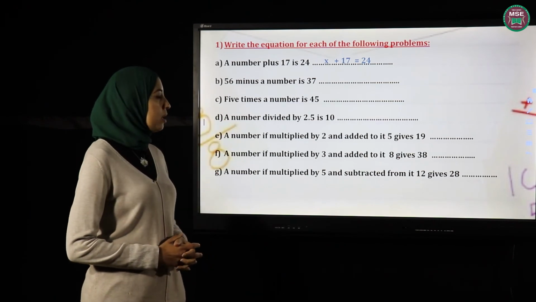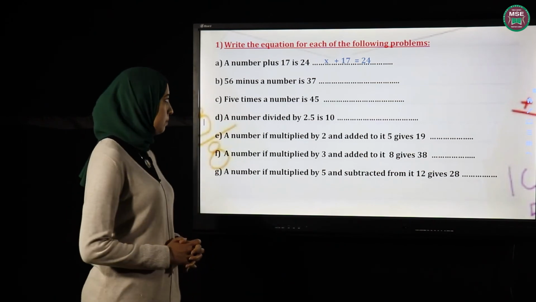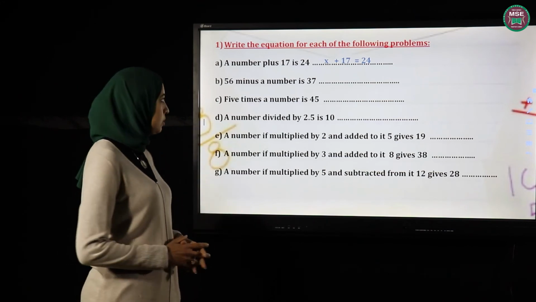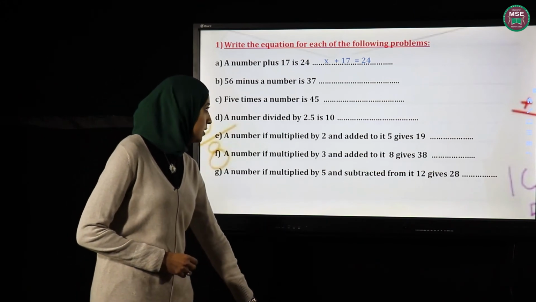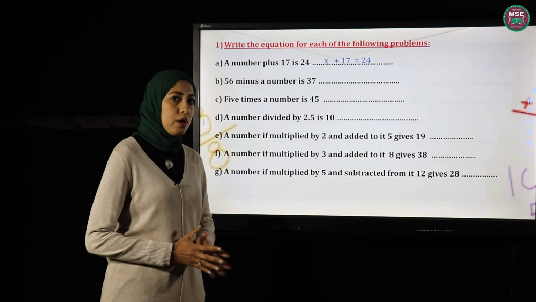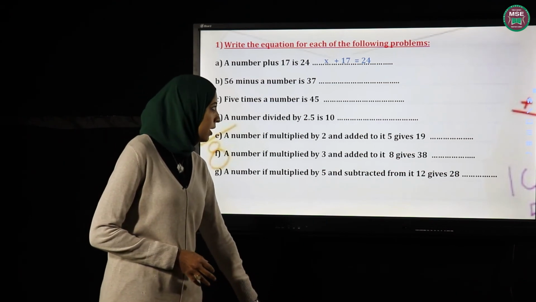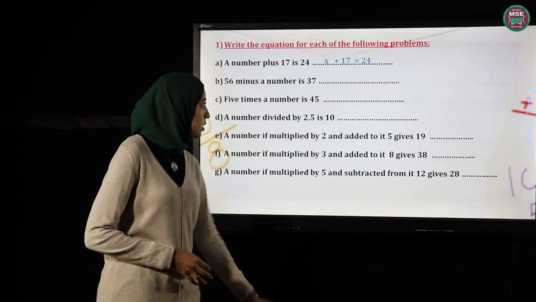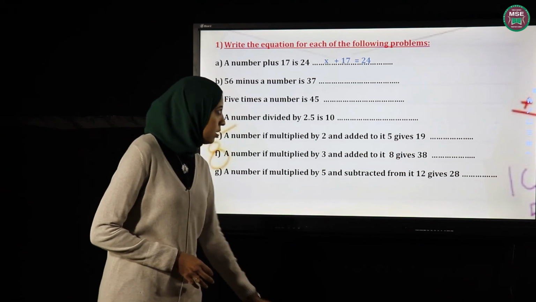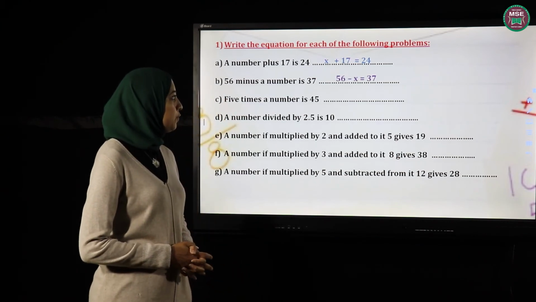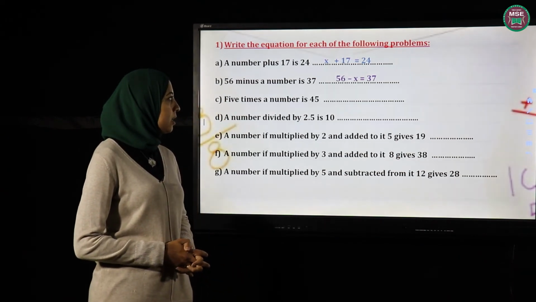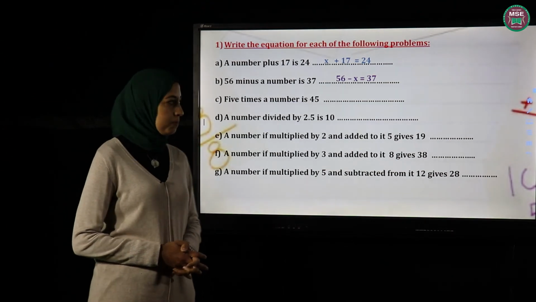56 minus a number is 37. Minus, subtraction. I will make 56 minus a number. I will choose, for example, x or y or any letter. Is means equal. So the answer will be 56 minus x equals 37.